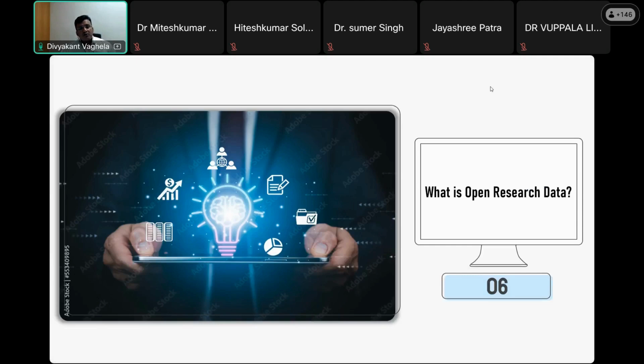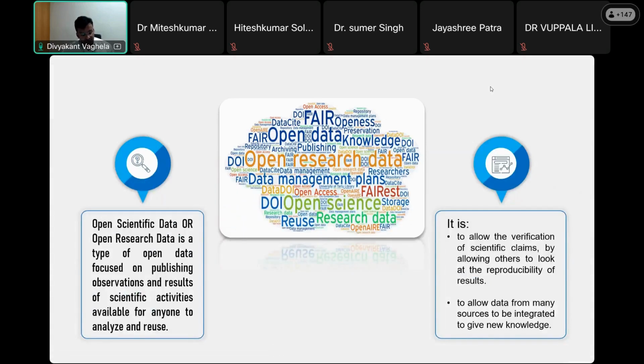Now, what is open research data? Earlier, we have seen research data, then open data. And now, what is open research data? Basically, open scientific data and open research data are the same. That is a type of data focused on publishing observations and results of scientific activities, available for anyone to analyze and reuse.